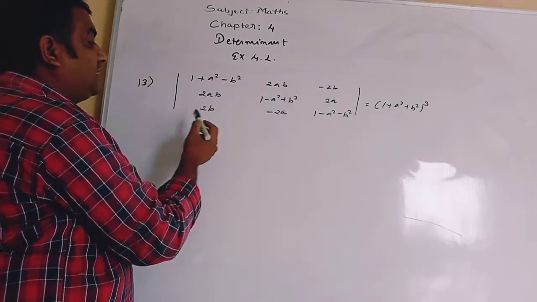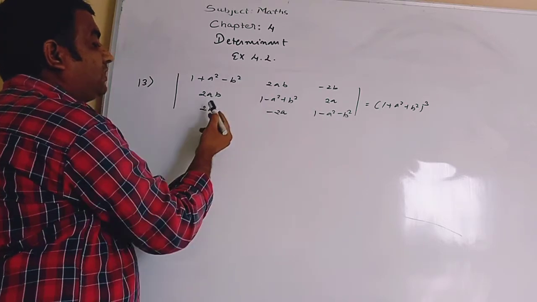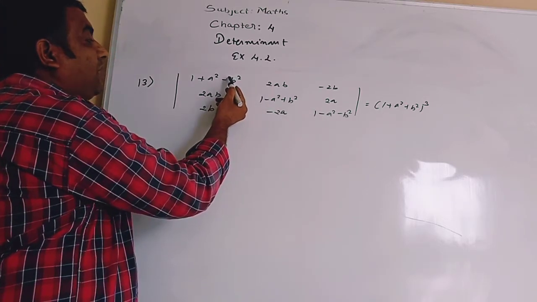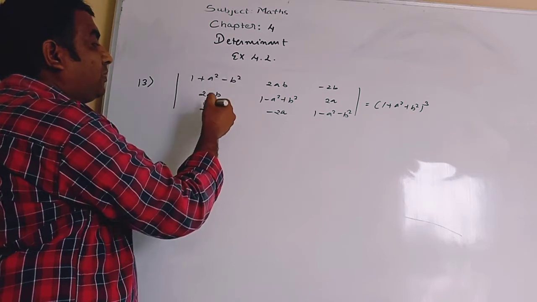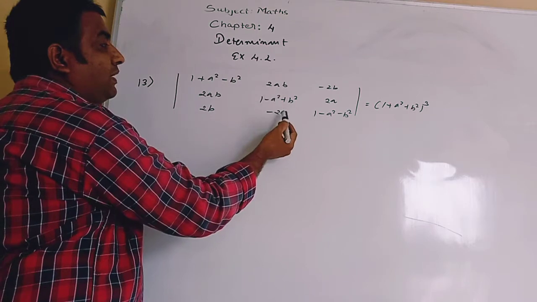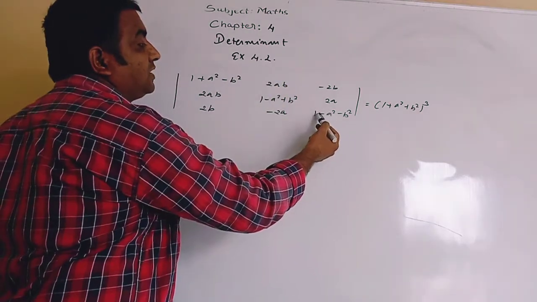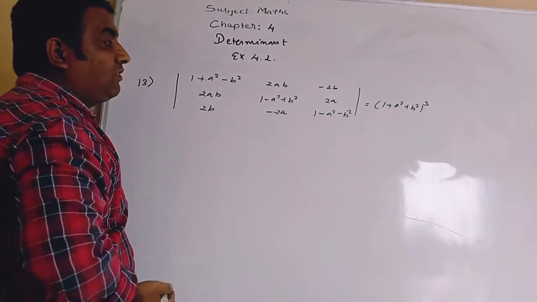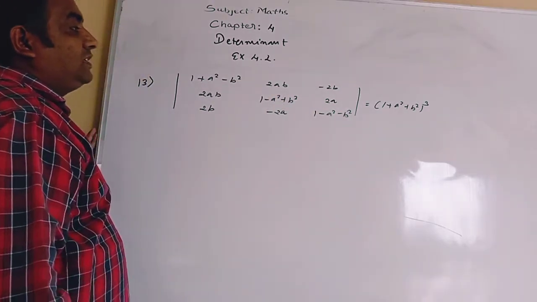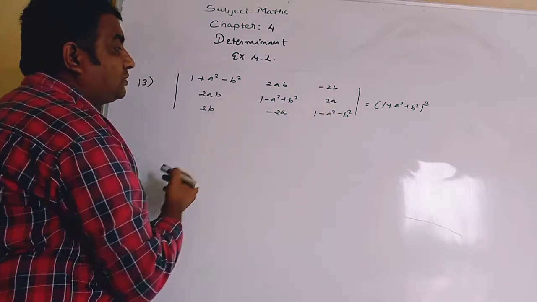So we can see here, this element, third row we multiply by b and add here, then plus 2b² and minus b², so it will convert into plus b², so 1 + a² + b². Also 2ab and −2ab will give us 0. Also here 1 − a², in this row we will multiply here, and very easily you can get 1 + a² + b².